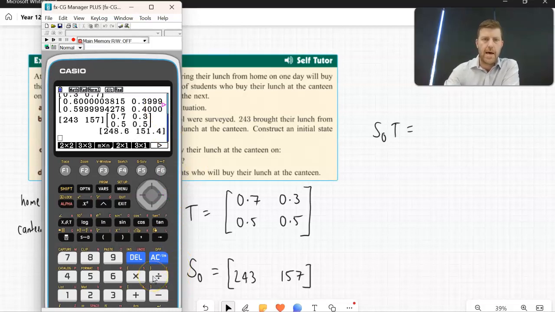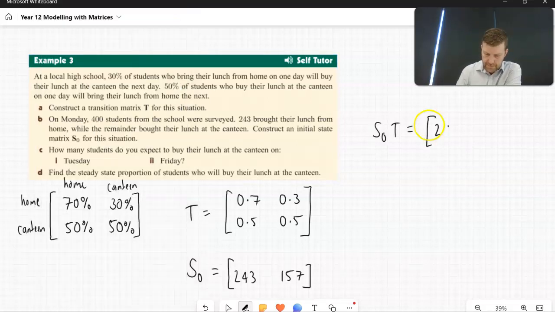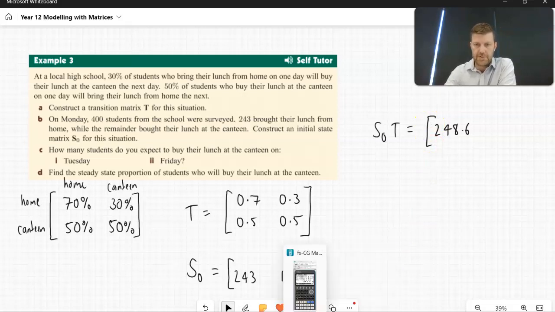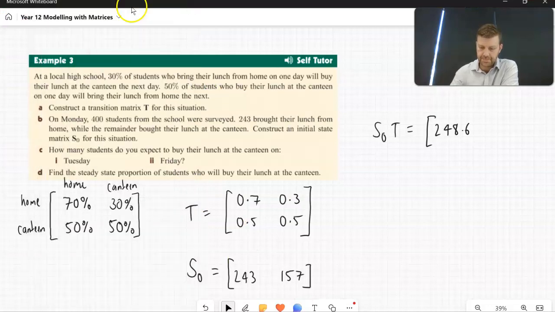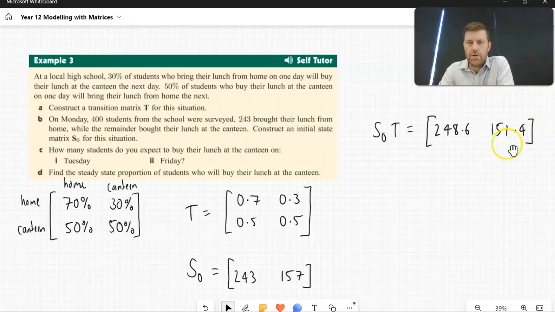Okay, and that then tells me that 248.6 will bring their lunch from home on Tuesday, and 151.4 will purchase their lunch from the canteen on Tuesday.